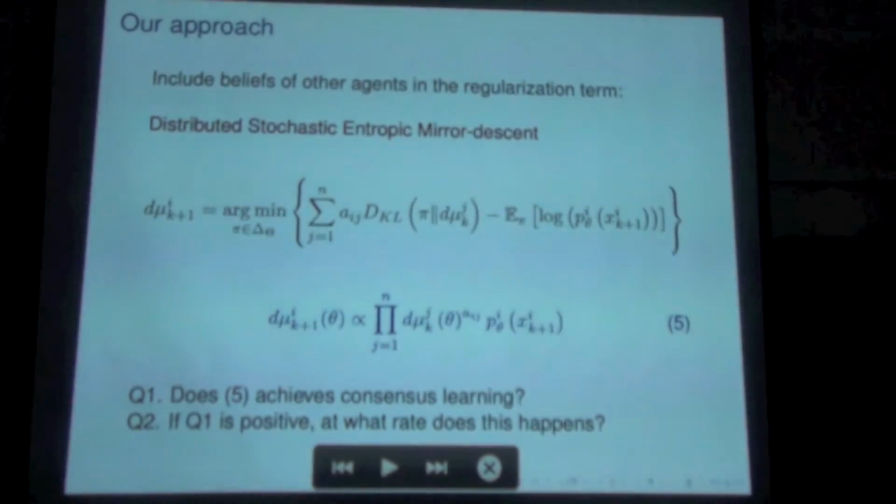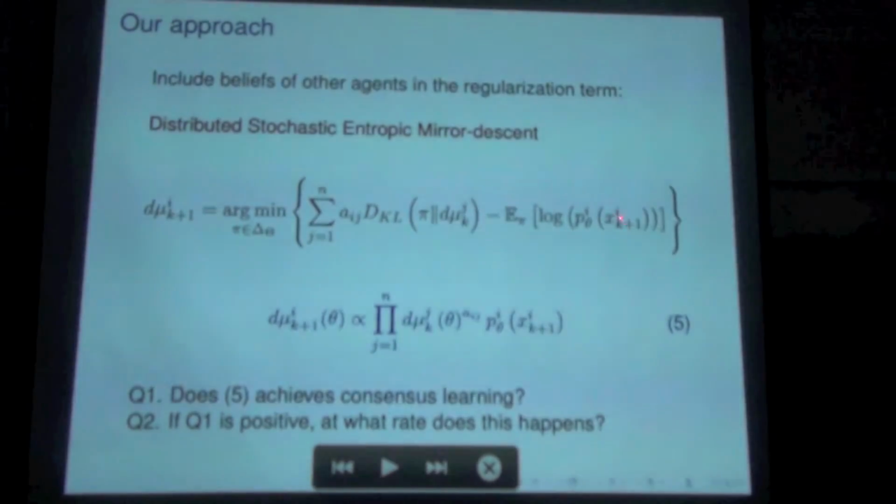So now is the new thing. So what happens now when we have distributed optimization problems? So I'm going to propose a slightly different version of stochastic mirror descent, which I think the proper name would be the distributed stochastic entropic mirror descent. Entropic because you use Kullback-Leibler divergence. So it's going to be similar. So this part is exactly the same. But now this is for agent i.